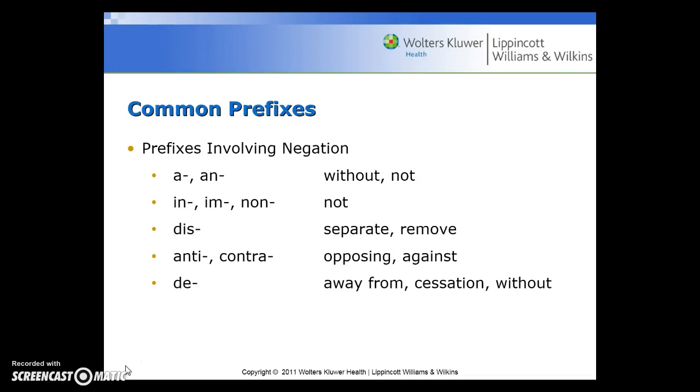Prefixes involving negation include a or an for without or not, in, im, or non for not, dis for separate or remove, anti or contra for opposing or against, and de for away from, cessation, without.